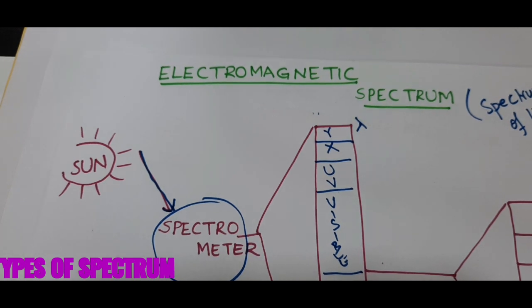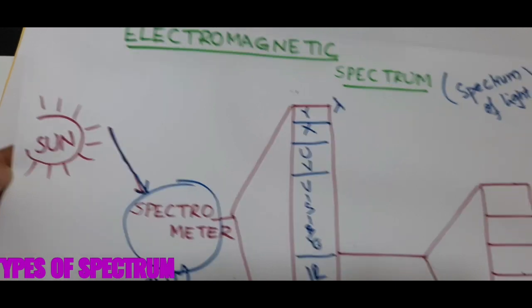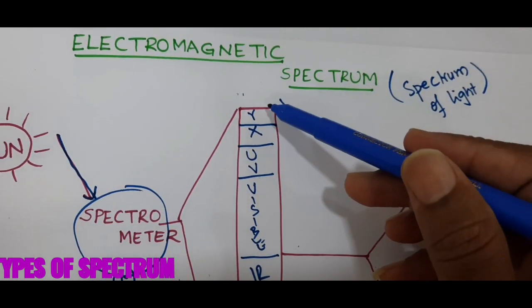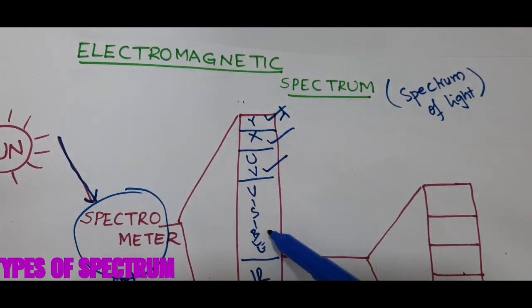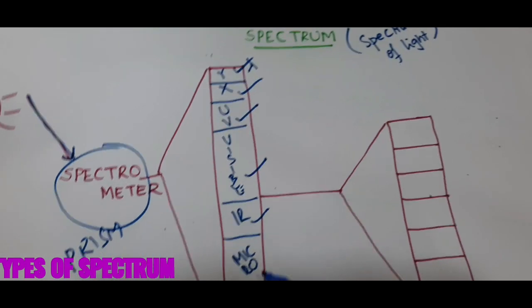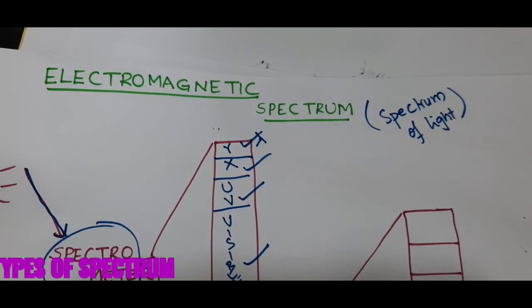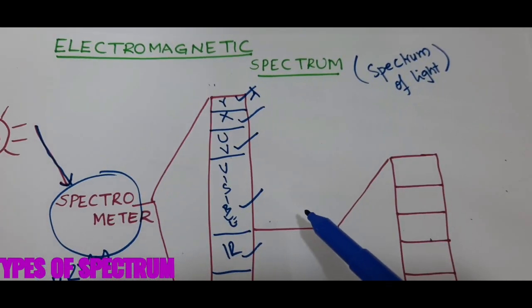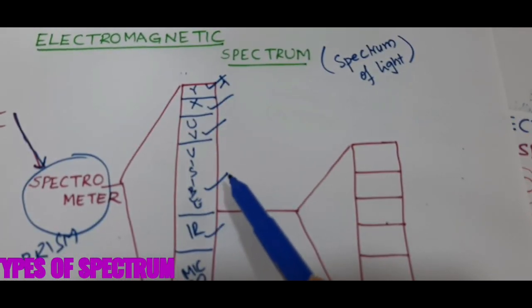If we are analyzing the light, the radiation coming out from the sun, it is composed of different radiations: gamma radiation, X radiation, UV radiation, visible radiation, infrared radiation, microwaves, and the radio waves. Right? Now we are concentrating on the visible radiation because it is very important for us.